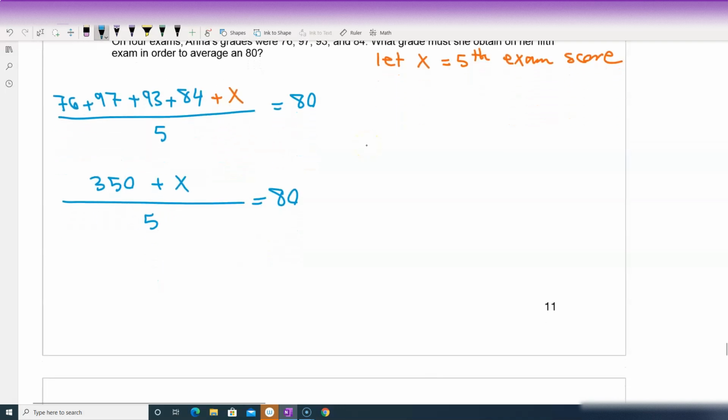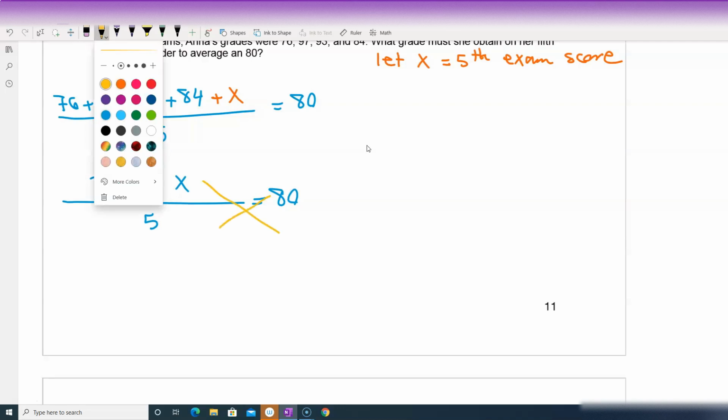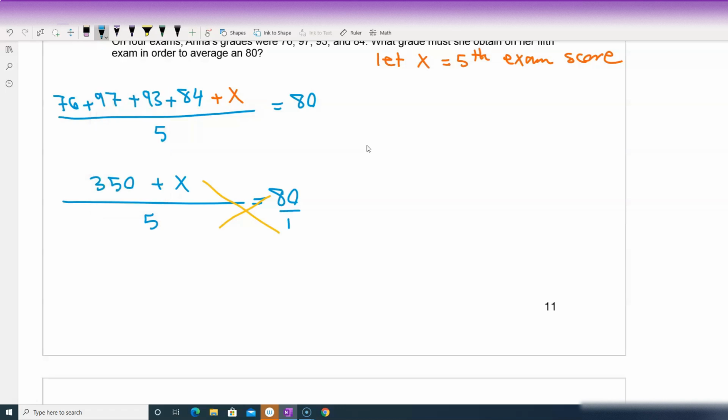Now use cross product. So here the denominator is 1. So 1 times 350 plus x, we have 350 plus x equal to 5 times 80. So here is 400.